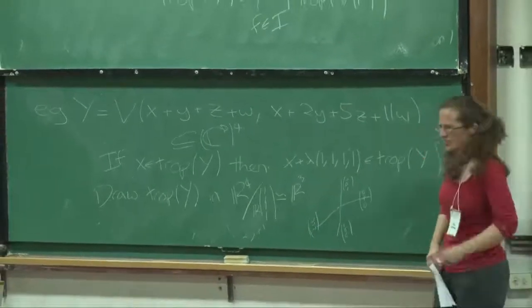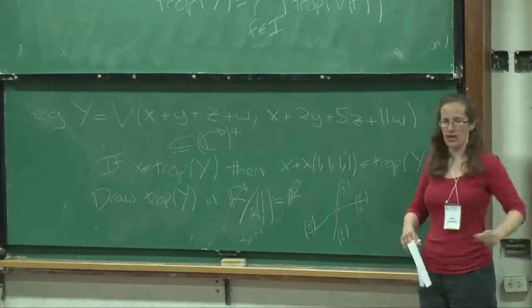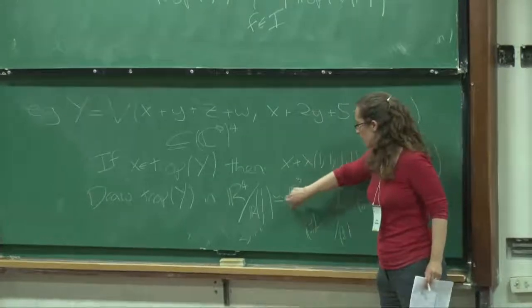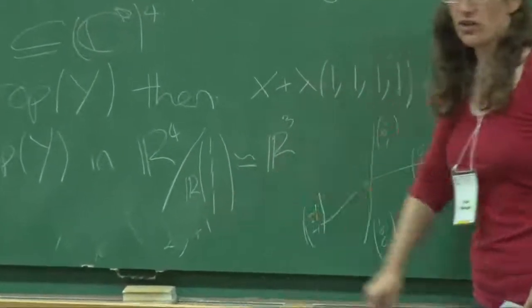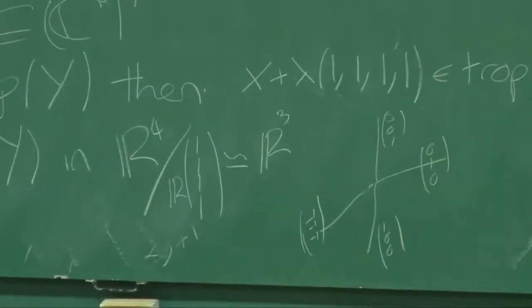Sorry, this is not a great picture. You have to imagine the positive orthant, and then the negative, negative, negative. This is really coming from the identification where I make the last coordinate 0. So this is really the 4 coordinate directions modded out.